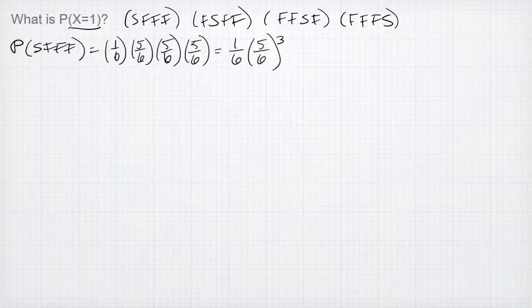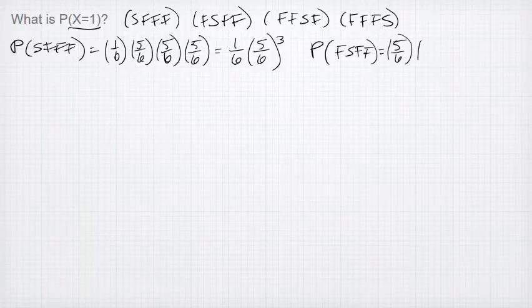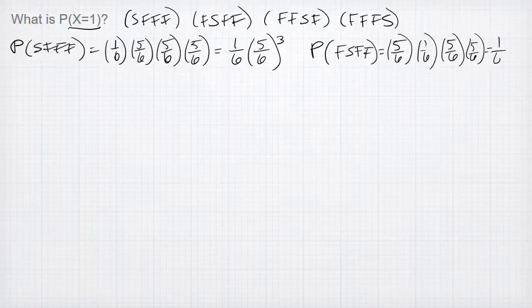Okay, let's look at our next probability: failure, success, failure, failure. The probability of failure is 5/6, then a success, 1/6, and then a failure of 5/6 and another failure of 5/6. If I rewrite that, it's 1/6 again times 5/6 to the third.